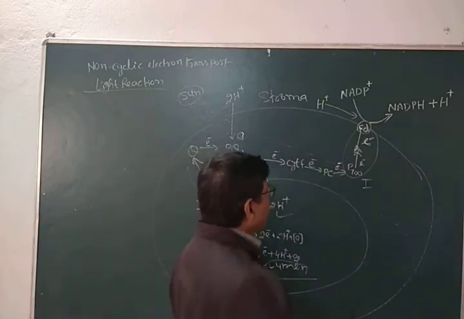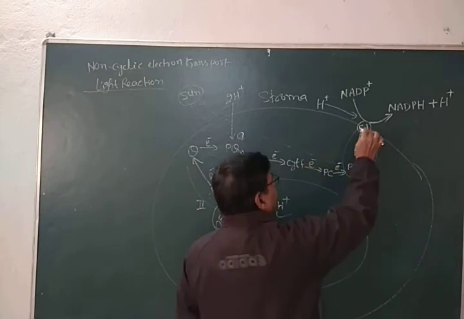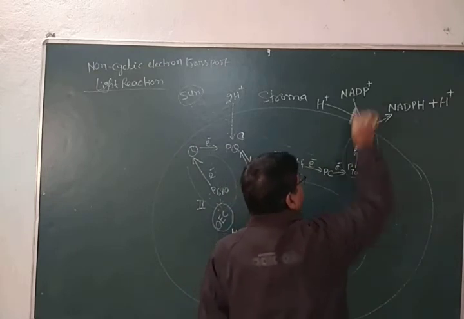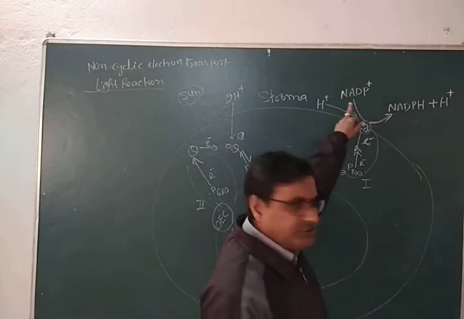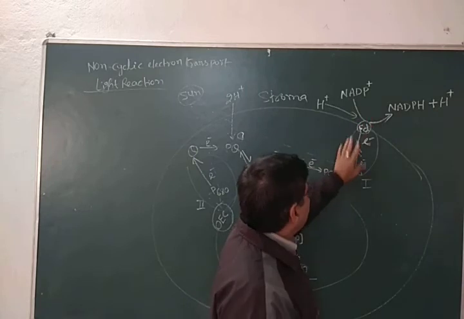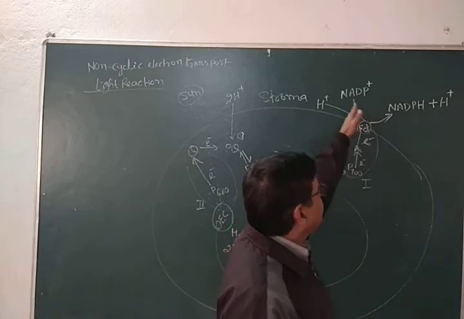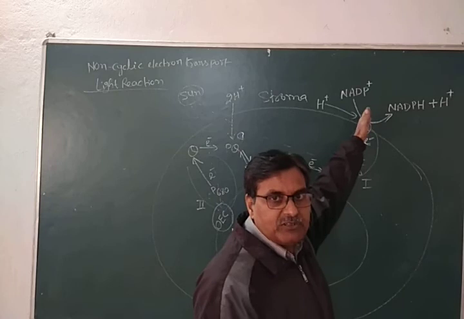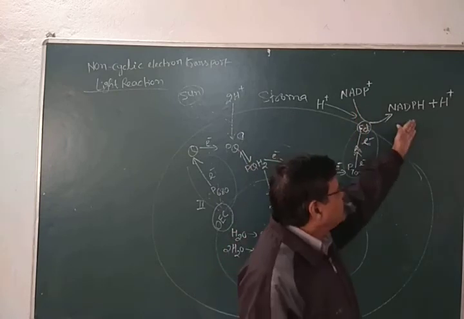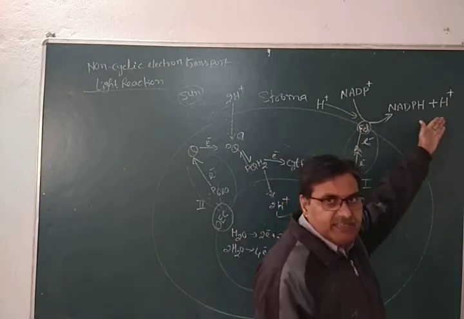Now after that, from the ferredoxin, the electron is taken by this NADP, which you can see is in the oxidized state. So this ferredoxin now provides the electron to the NADP for the reduction of NADP to form NADPH plus H plus.